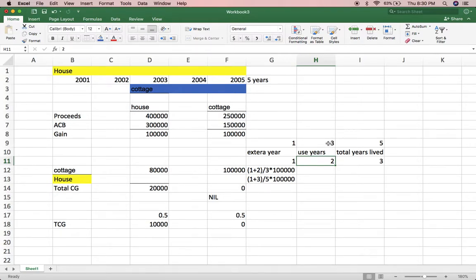If we give the house 4 years, with 1 extra year we get 5, so the deduction for the house is 0, but we can only give 1 year to the cottage and our total taxable capital gain is more. This is not the right way. The right way is 3 years to the house and 2 years to the cottage.